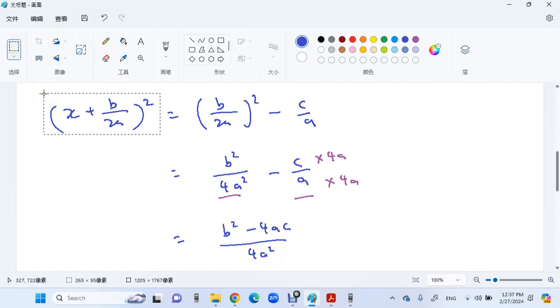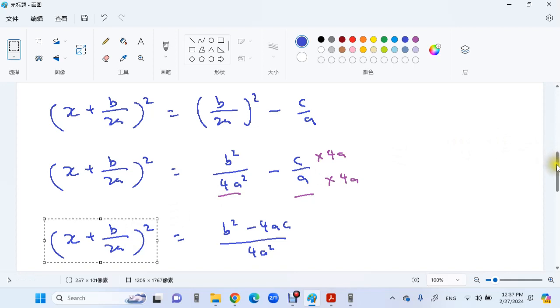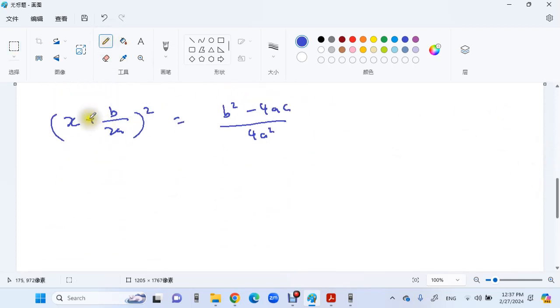Okay, so this is equal to this. We want to find the value of x, so the square we move to the other side. x plus b over 2a will be plus minus square root of b squared minus 4ac over 4a squared.